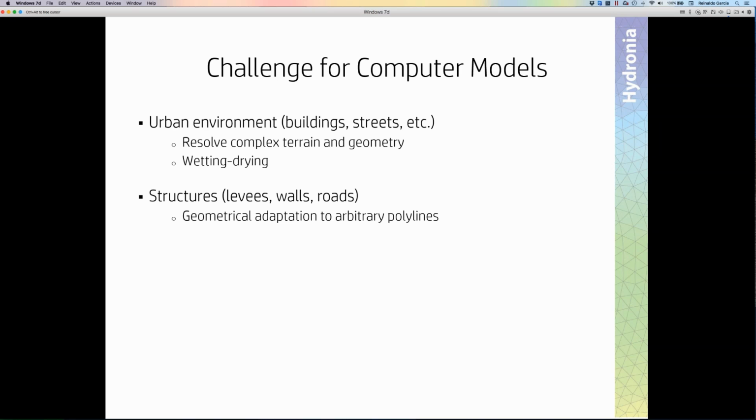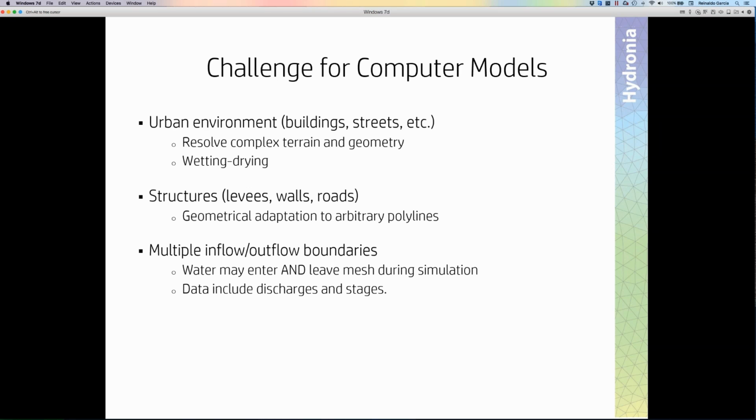So the numerical approximation that you make with the model needs to be able to capture the geometry and adapt the mesh to that geometry that can be arbitrary because they're not straight lines normally.